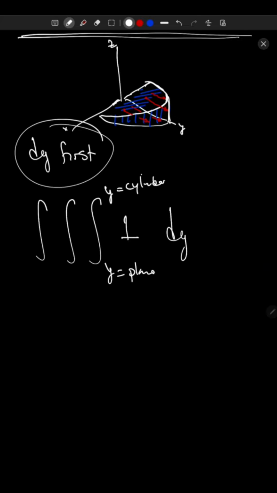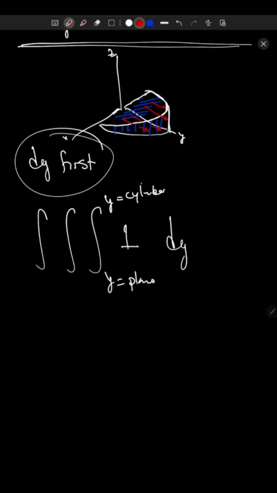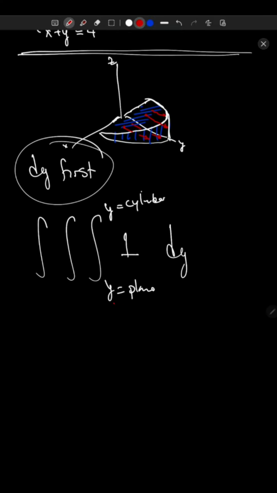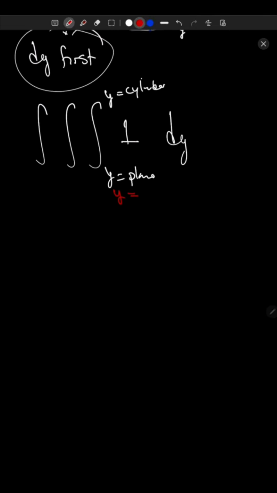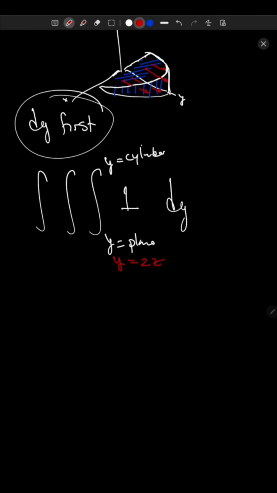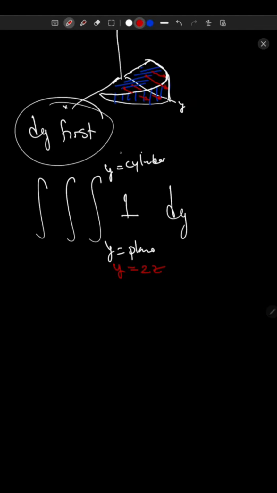So what is the plane? Our plane is y equals 2z. Our cylinder was x squared plus y squared equals 4, so the actual limit of integration is going to be the square root of 4 minus x squared.